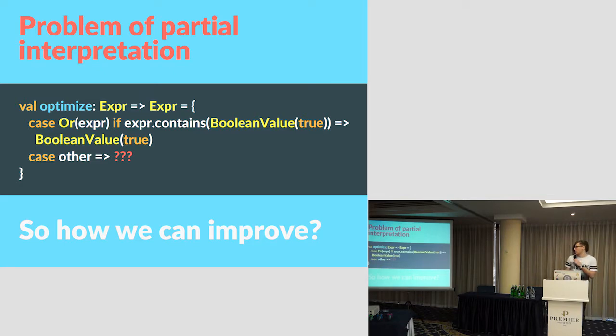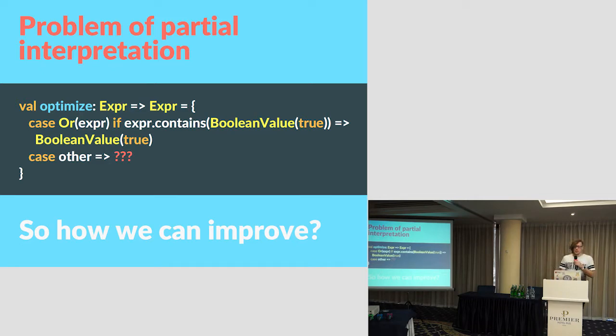For example, in the current case, I want to do some simple optimization. If one of the OR nodes is already interpreted as the Boolean value true, probably I don't need to calculate all the expressions inside my OR. I just need to replace this OR with true. It's already computed.